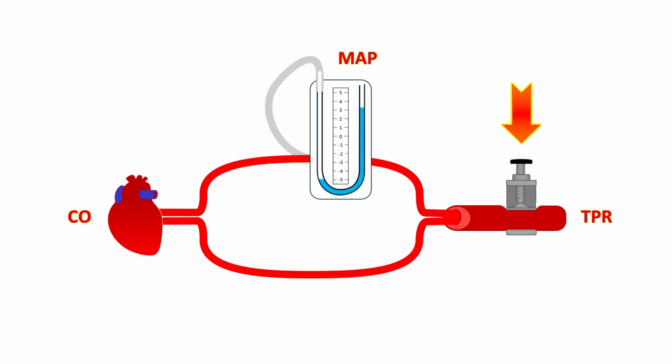If the blood vessels constrict, the resistance to flow increases. The same heartbeat now generates a higher baseline pressure, even though the heart itself hasn't changed. With each heartbeat, pressure now rises and falls to a higher baseline.